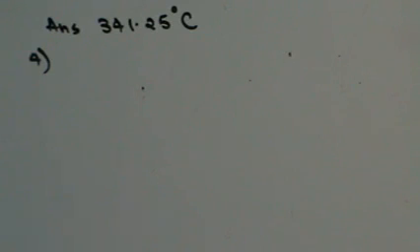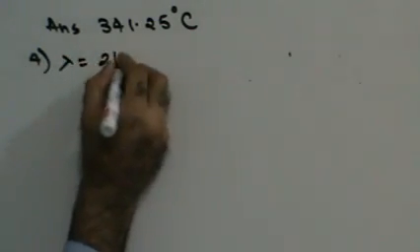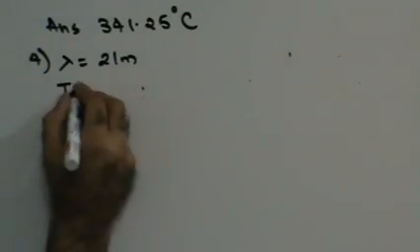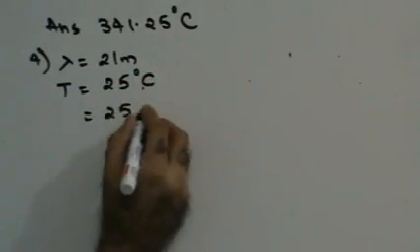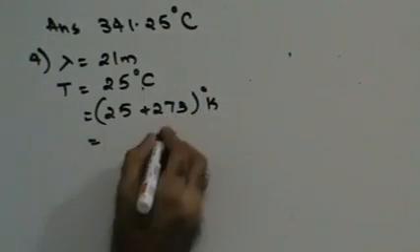The wavelength of sound is 21 meters at 25 degrees Celsius.